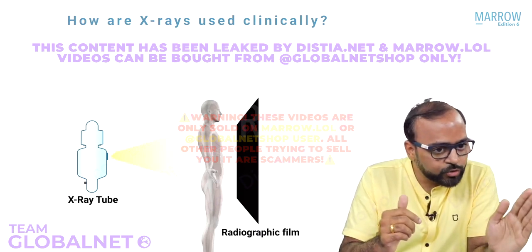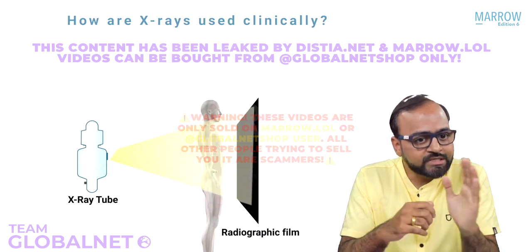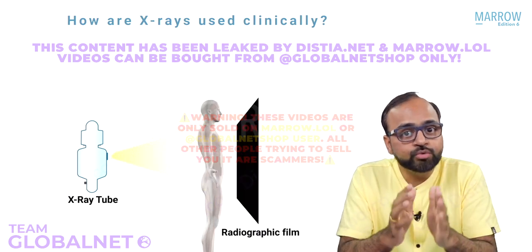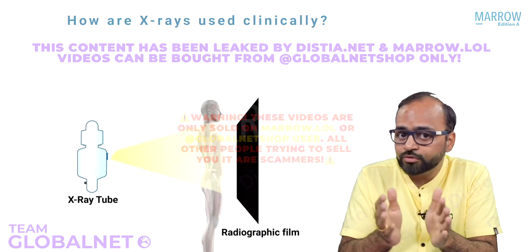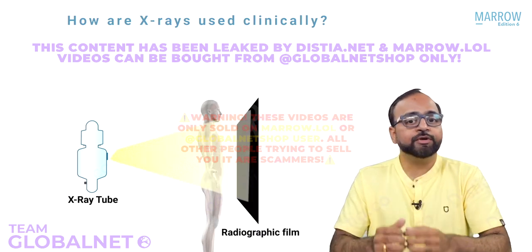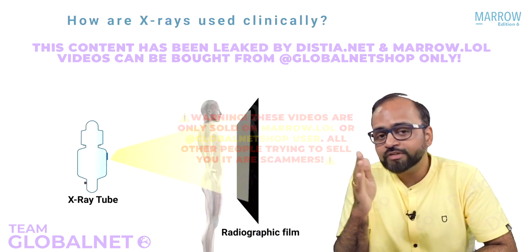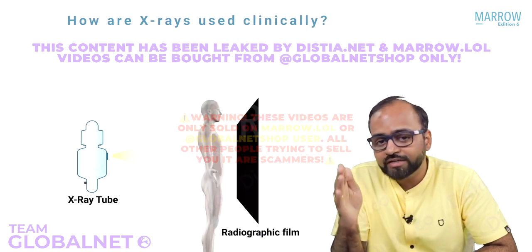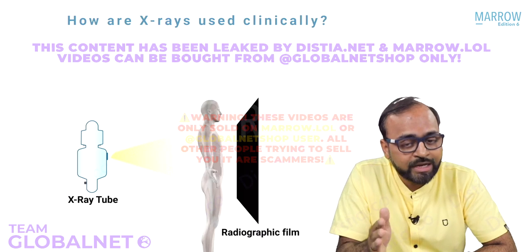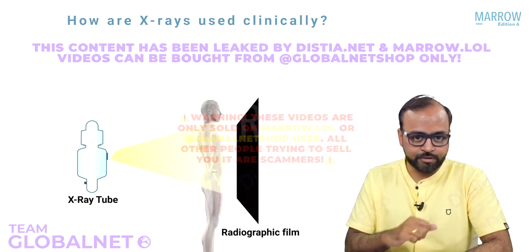The X-ray tube produces an X-ray beam. This X-ray beam passes through the patient's body. As it passes through the patient's body, it creates a radiographic image of the patient's body, and then it comes out of the patient's body on the other side. It reaches the X-ray film, and that is where the image is captured.